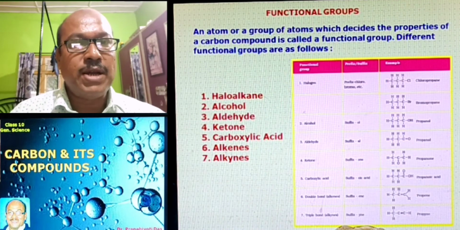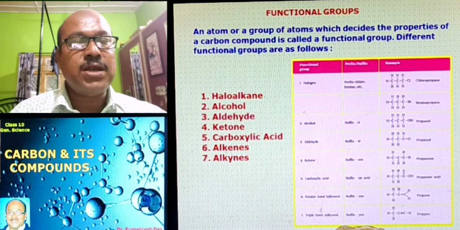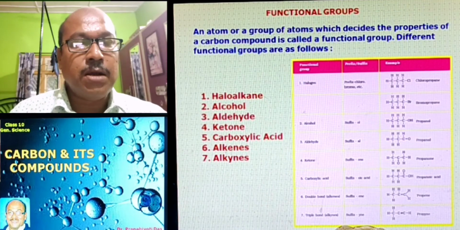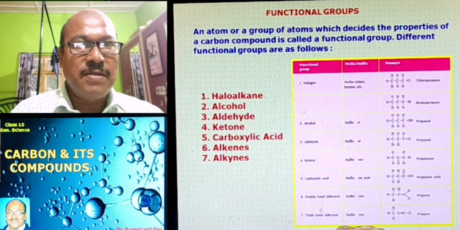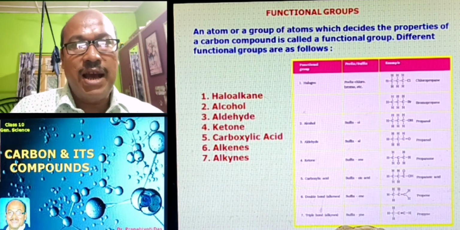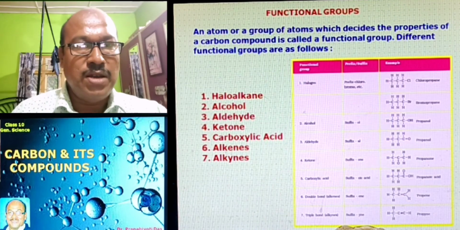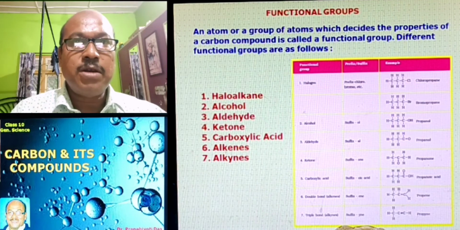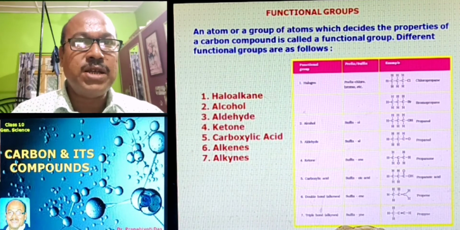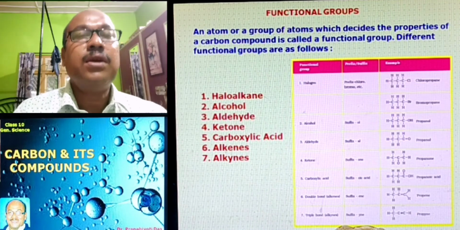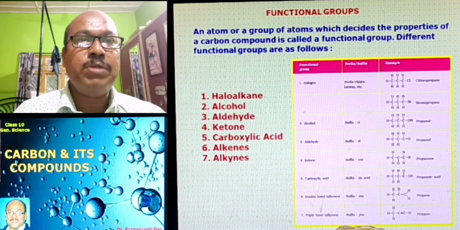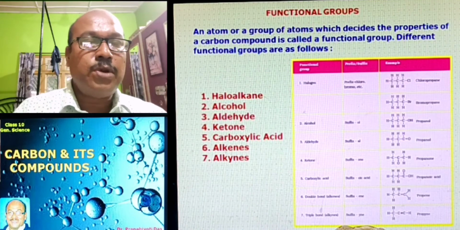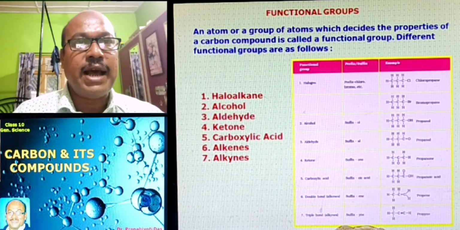It is a halogen, maybe chlorine, bromine, iodine or fluorine. Remember, they are not carbon or hydrogen. If these halogens join the main carbon chain, the property of the carbon chain will change, and therefore halogens behave as a functional group. So in methane, if chlorine is added, it becomes chloromethane. In ethane, if chlorine is added, it becomes chloroethane, like that.